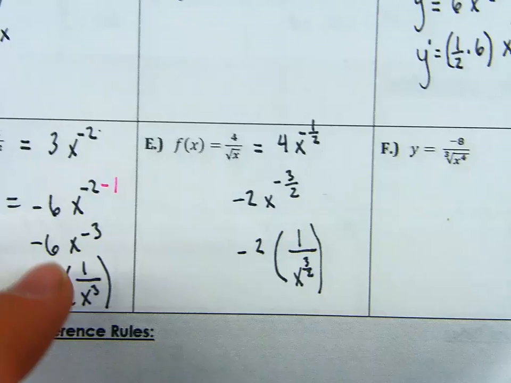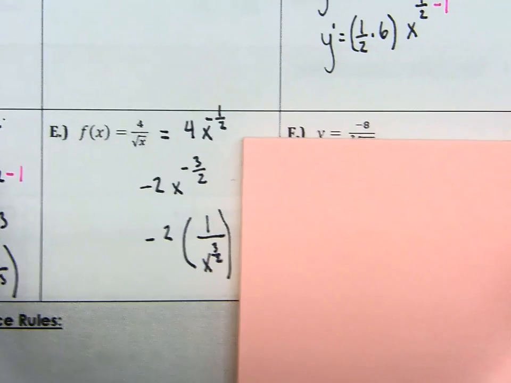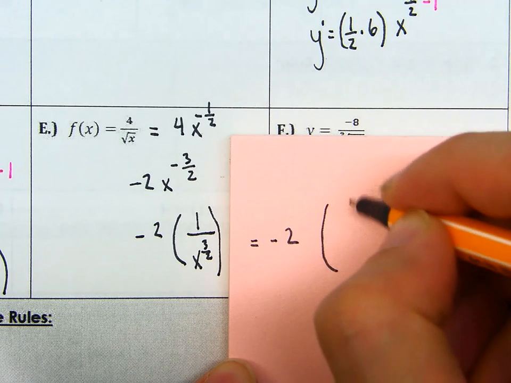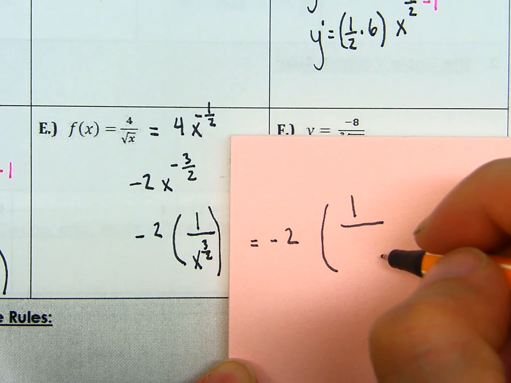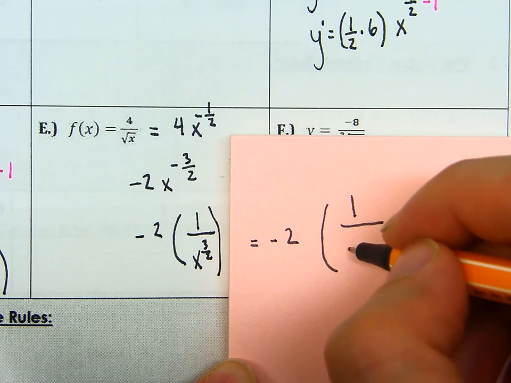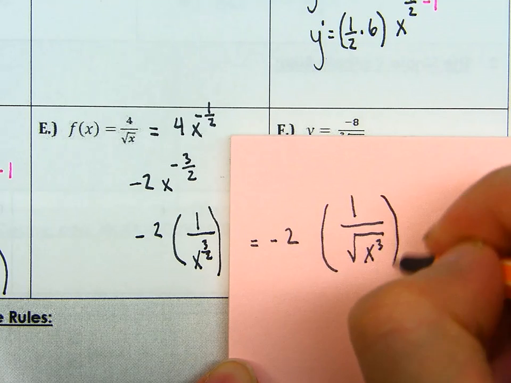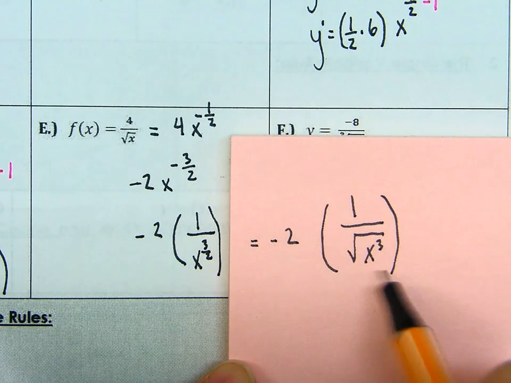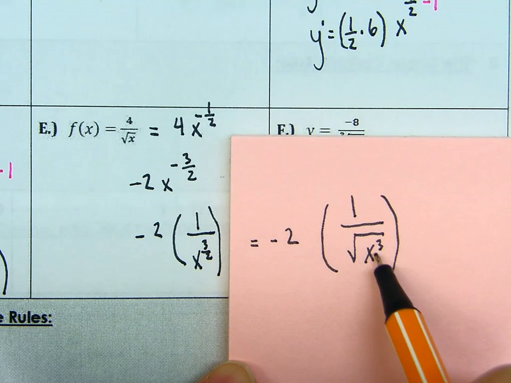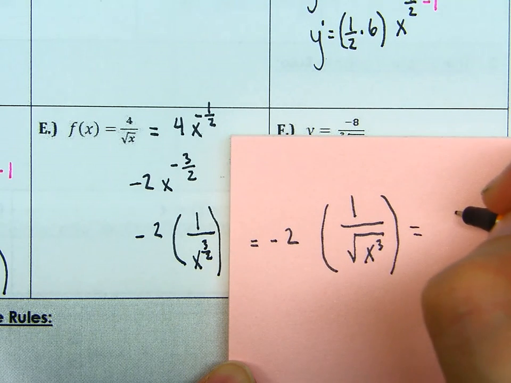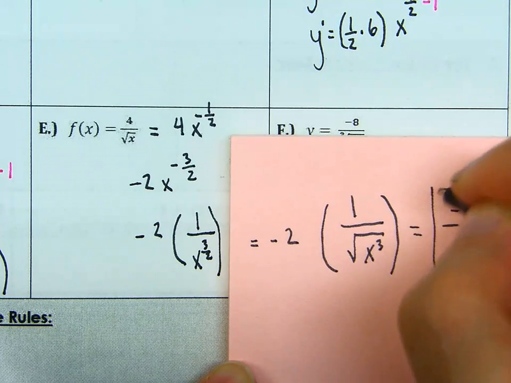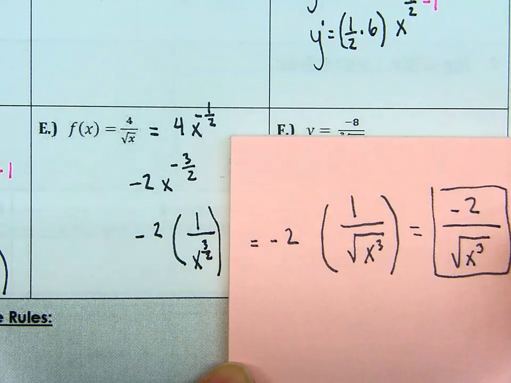You can continue by saying this is equal to negative 2 times 1 over the square root of x cubed. Sometimes you just have to take your time and remember how to bring this back to a radical. Then this becomes negative 2 over square root of x cubed, and this represents the derivative of f of x.